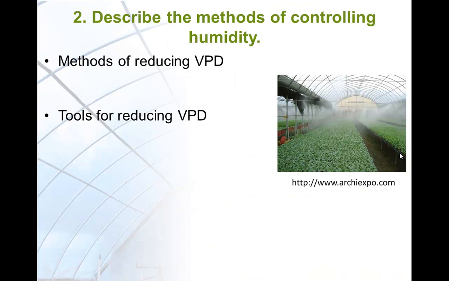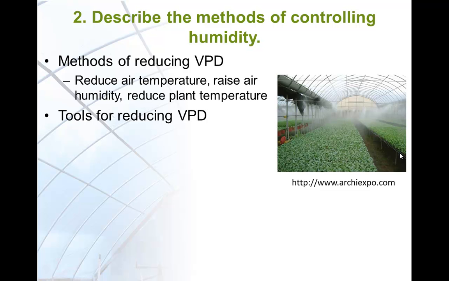There are also situations when a greenhouse environment needs to have reduced VPD for better plant growth. This can be achieved by either reducing air temperature, raising air humidity, or reducing plant temperature. There are many tools we can use to achieve the goal. First is to use a shade curtain.